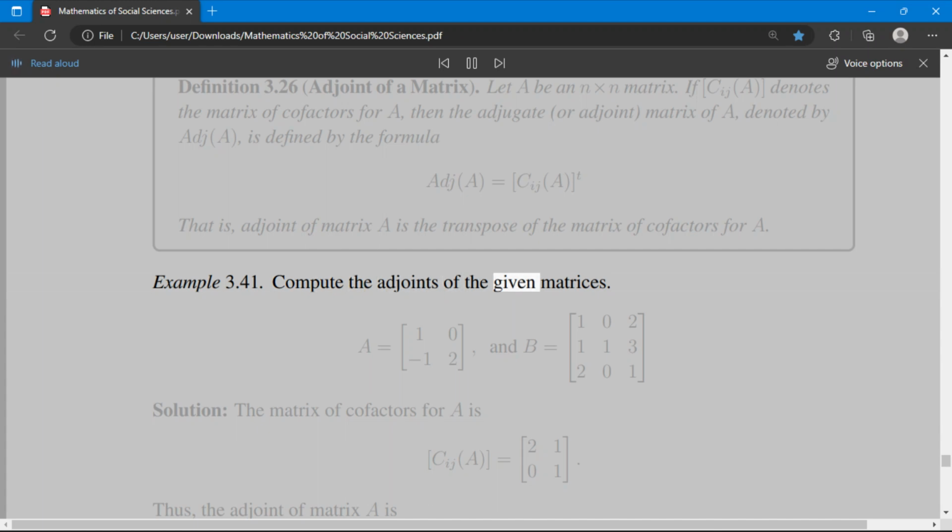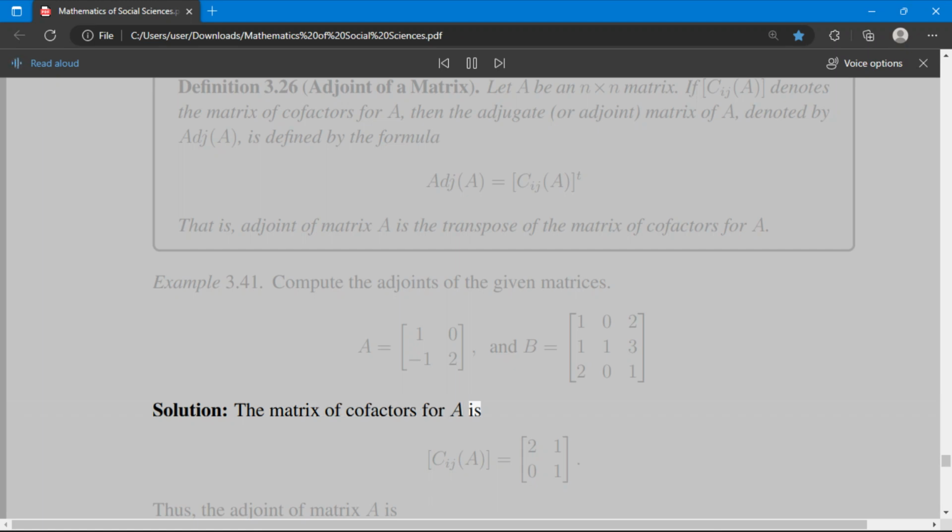Example 3.41. Compute the adjoints of the given matrices. A equals 1 0, 1 2, and B equals 1 0 2 1 1 3 2 0 1.